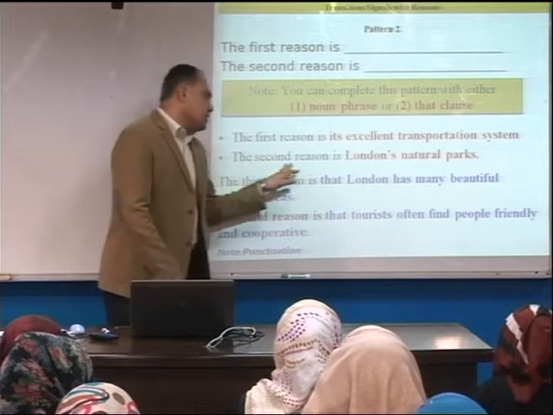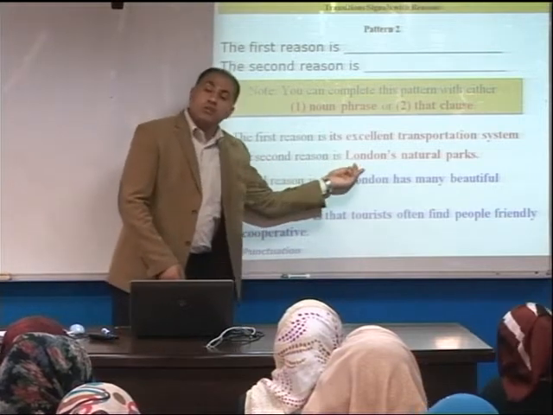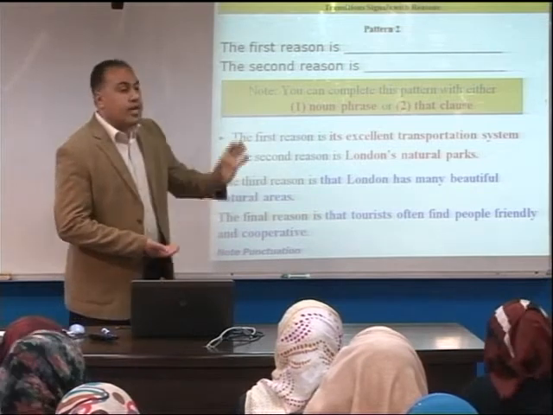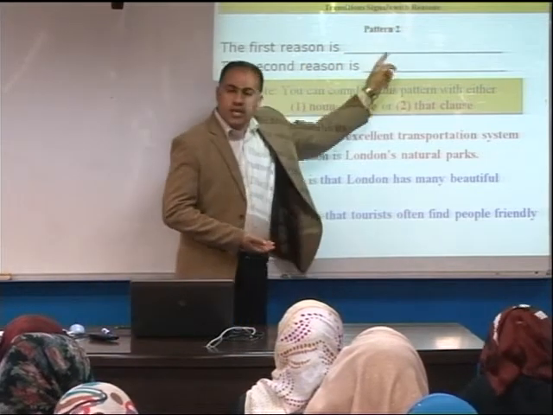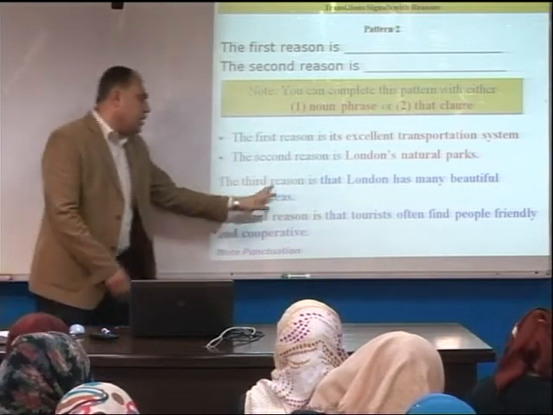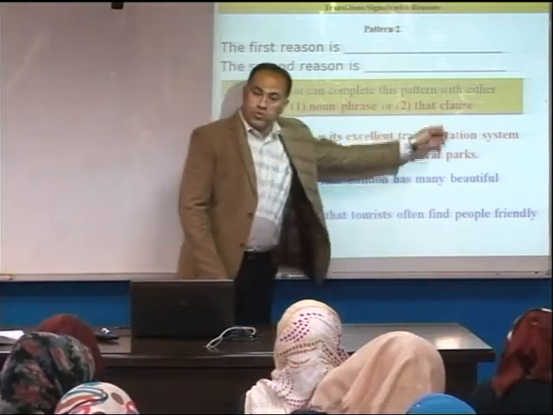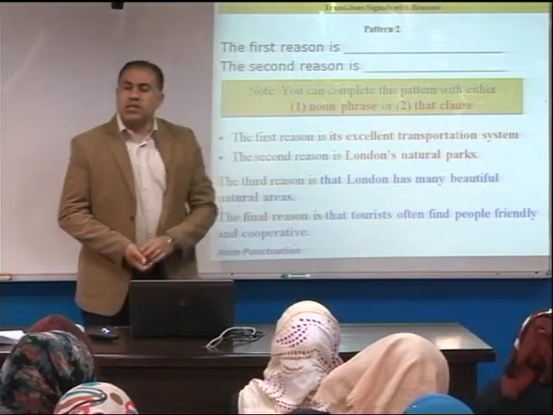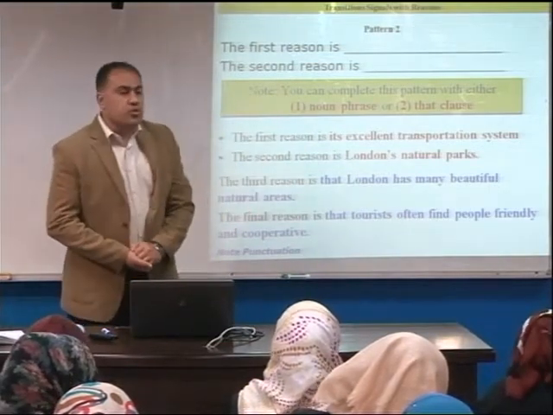The same thing: "The second reason is London's natural parks." Again, what we have here is a noun phrase. Or we can have a that clause. For instance, "The third reason is that London has many beautiful parks."